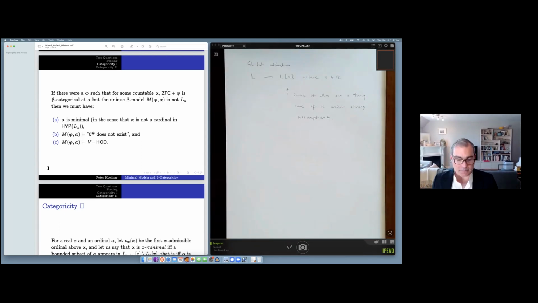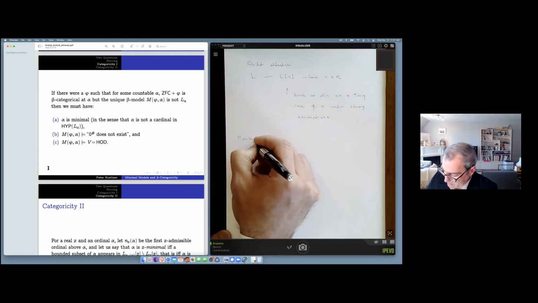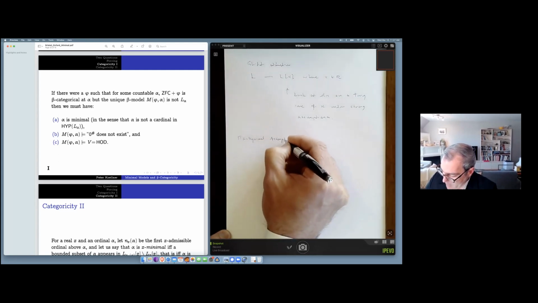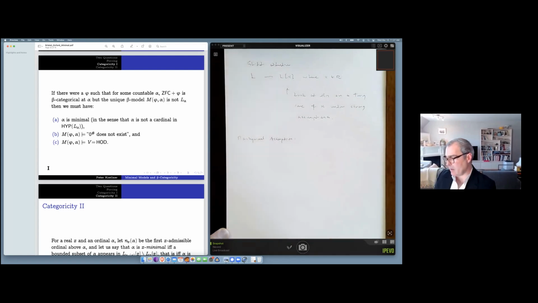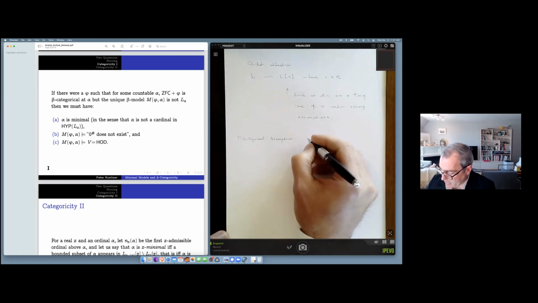Okay, and what do I mean by strong assumptions? The background theory that I'm going to use, so a background assumption. For everything that I'm going to say, it suffices to have just delta 1, 2 determinacy, but this is a much more natural assumption.